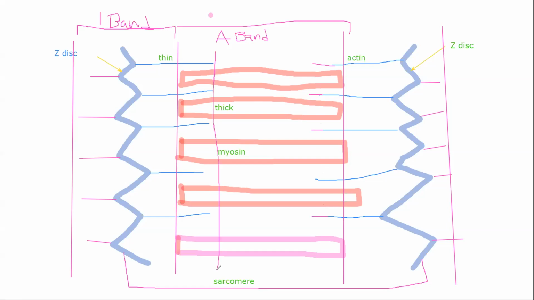Okay, so from there, let's pull these to touch it. And in this region right here would be the H zone.